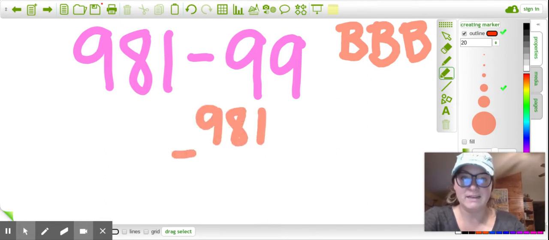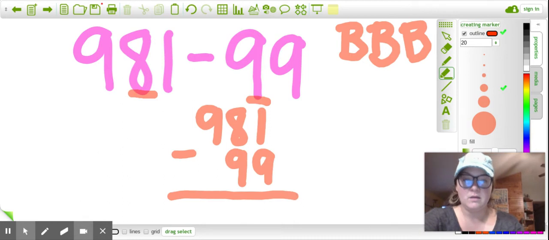We're subtracting 99. The biggest place in 99 is in the tens place. It's going to go right beneath that 8 in the tens place. So we're subtracting 99. Now, let's get started. I'm going to start in that ones place. 1 minus 9. I ask myself, is the bottom bigger? Yes, it is. So we have to borrow.